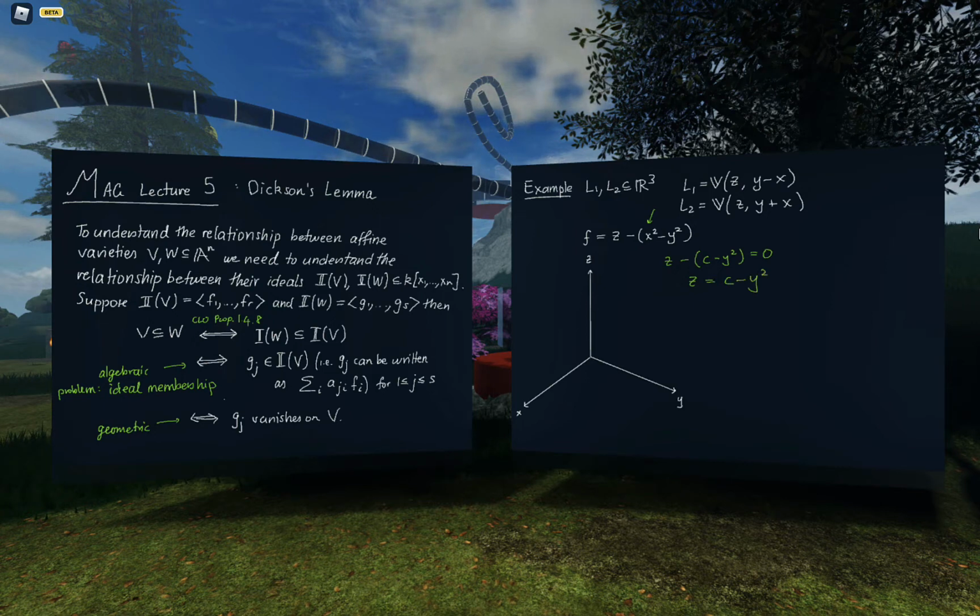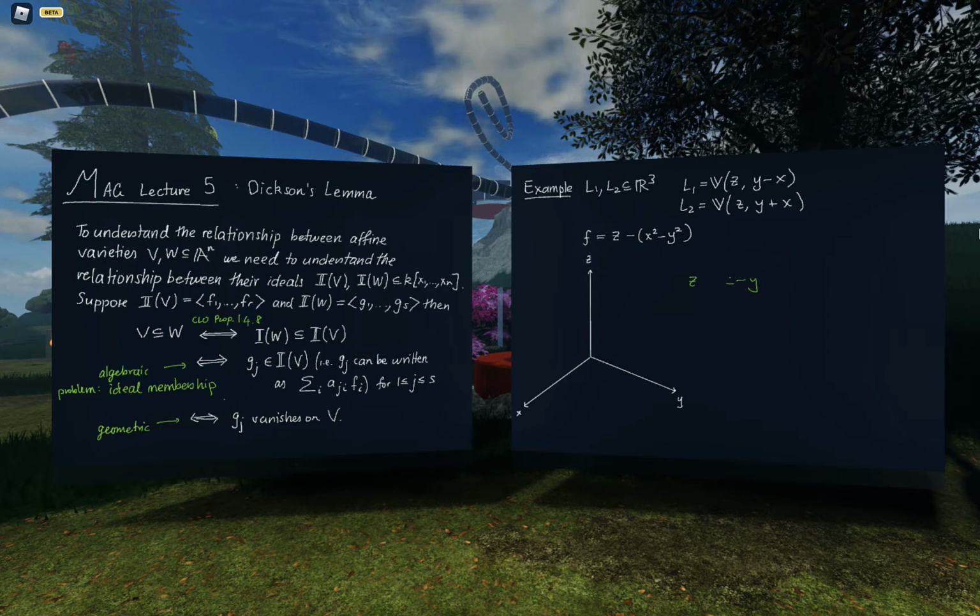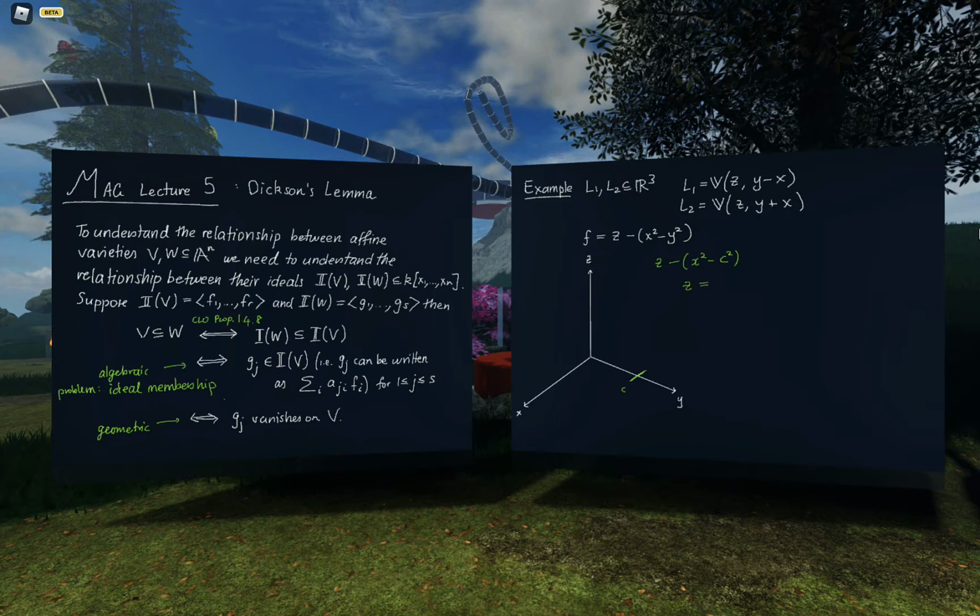So as I vary c, yeah, I can do that direction first, but maybe I'll do the x direction first. So y direction. So if I fix a value of y, say c, then I have to graph something that looks like this, which is z equals x squared minus c squared. So it's a parabola that's moving down as I go out along the y-axis in either direction.